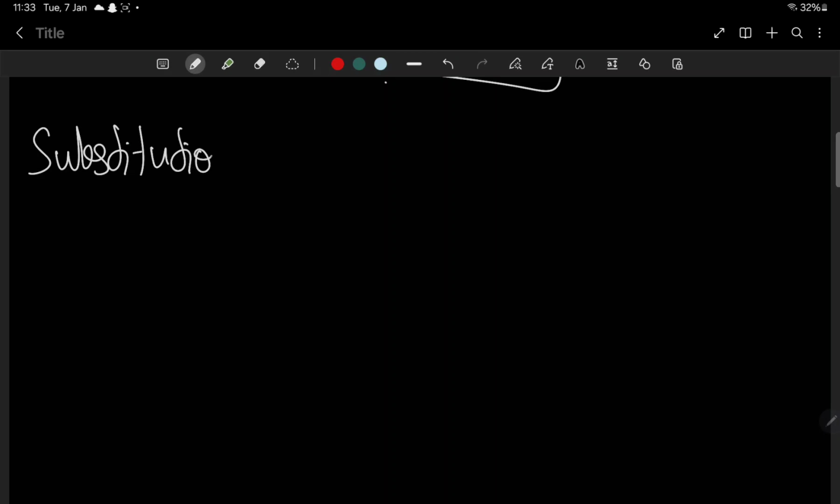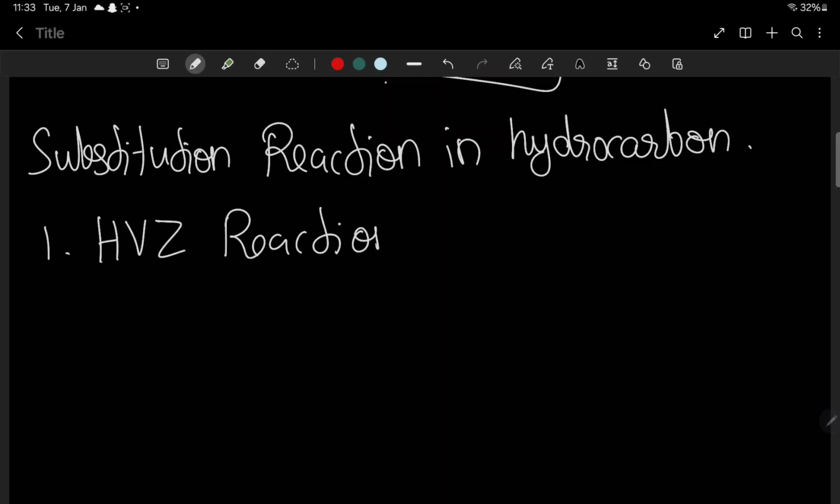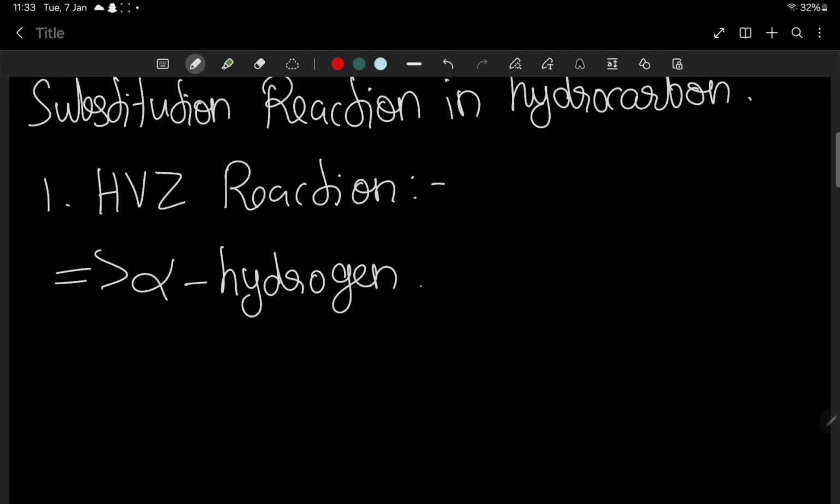Now next set of reactions, that is substitution reactions in the hydrocarbon part. Here the COOH group is not involved, only the hydrocarbon, that is the R group, is involved. Example is the HVZ reaction. For the HVZ reaction, the most important thing is alpha hydrogen, like in aldol condensation. Here also alpha hydrogen is compulsory.